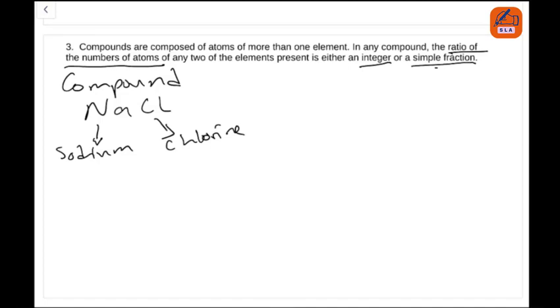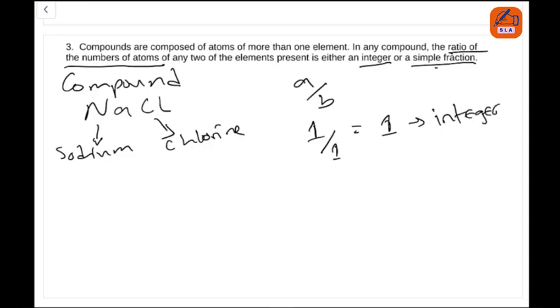Firstly, a ratio is a division between two numbers, A over B. For example here, the ratio of sodium over chlorine in sodium chloride is 1 sodium divided by 1 chlorine, so we get only one whole number, which is what you call an integer, a whole number.